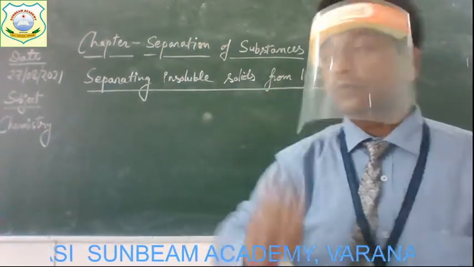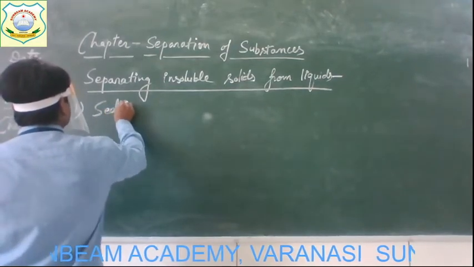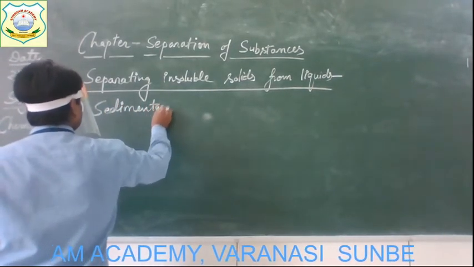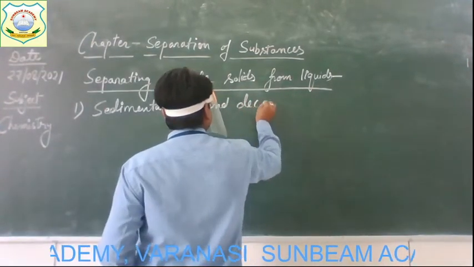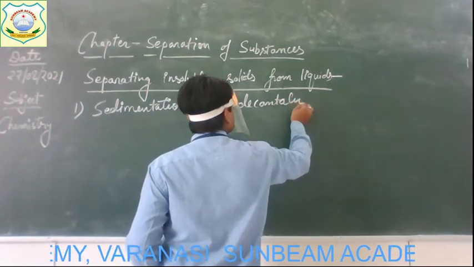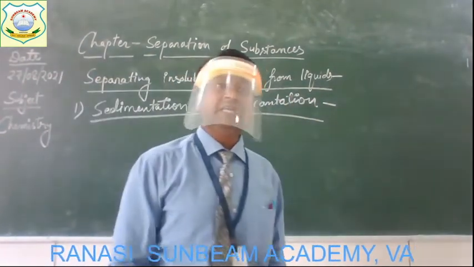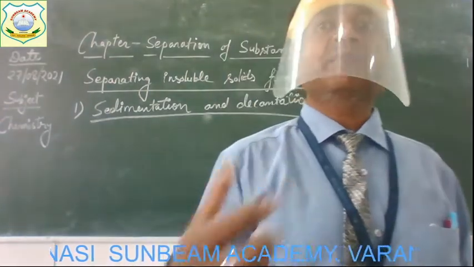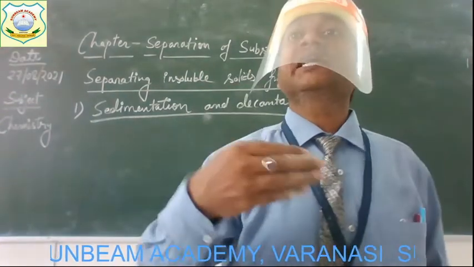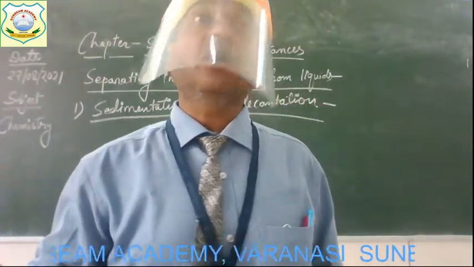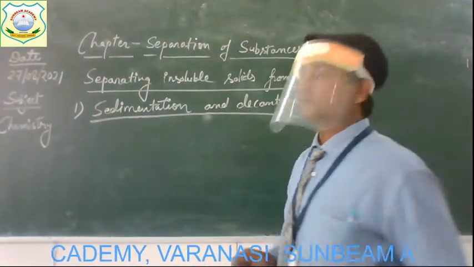Get it? So the first method which is used is sedimentation and decantation. Sedimentation and decantation is a very common, simple method by which we can remove insoluble solids from liquids. Clear? What happens in this method?